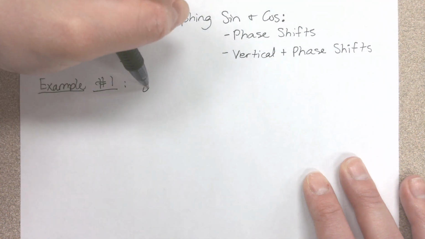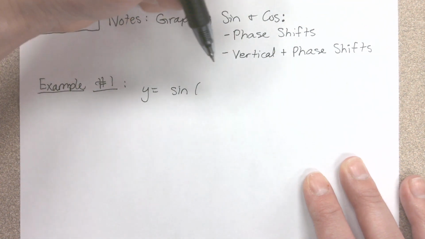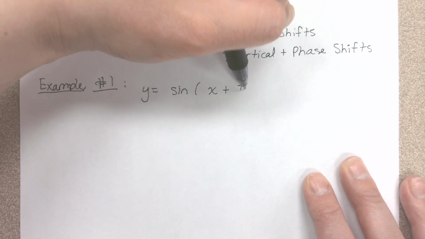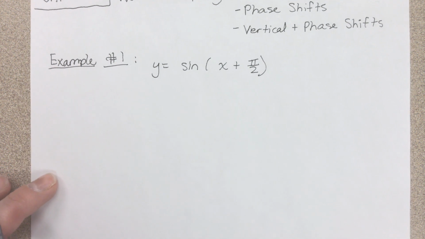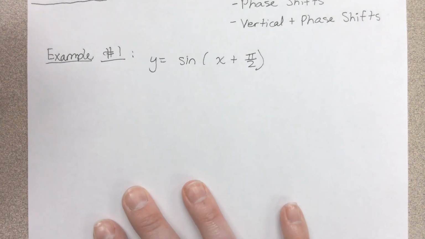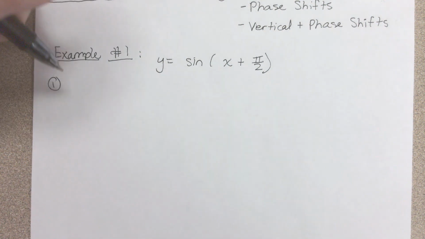We have y equals sine of x plus pi over 2. Let's go ahead and make our usual list. From this point on, I'm going to start abbreviating now that you've seen the words plenty of times.